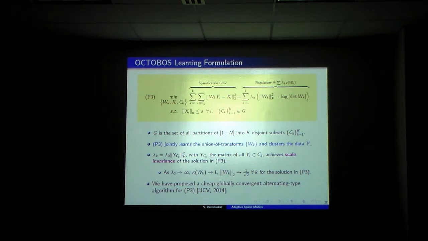I won't go into great detail on how you solve this problem. We have proposed a very efficient alternating type algorithm for solving this union of transforms learning problem, and that algorithm again has some global convergence properties. Global convergence as in convergence from any initialization.